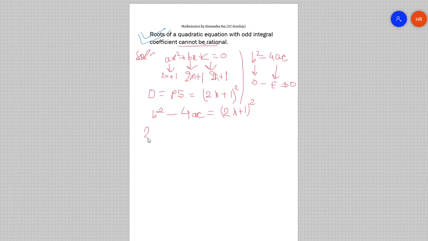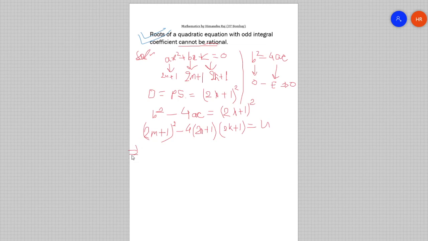It's (2n plus 1) to the power 2 minus 4 times (2n plus 1) times (2k plus 1) equals, just copy this result.